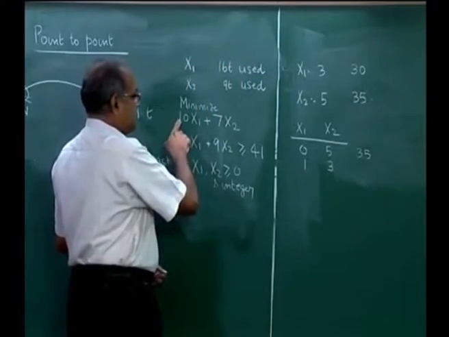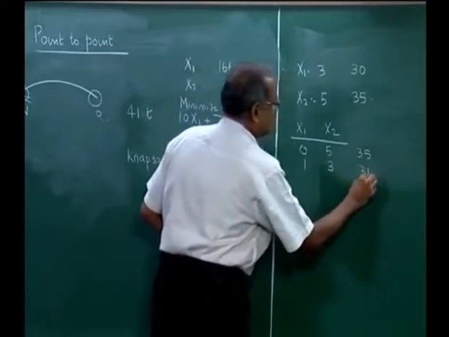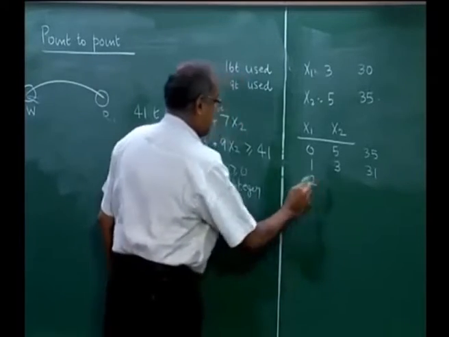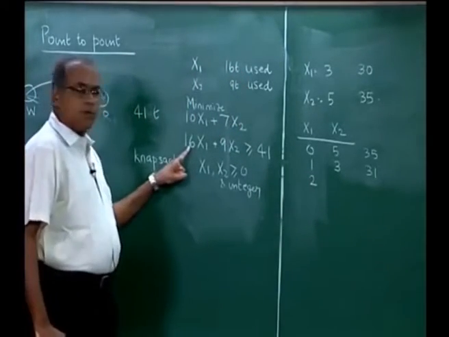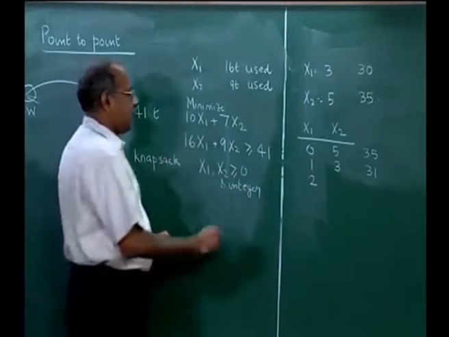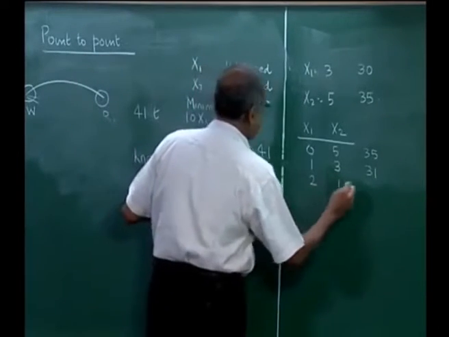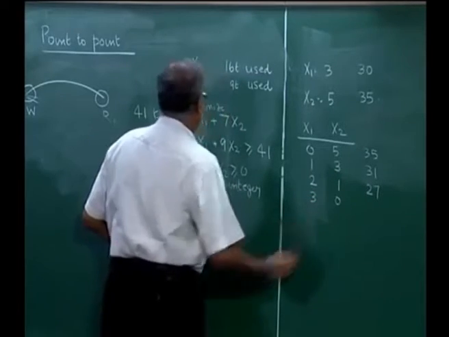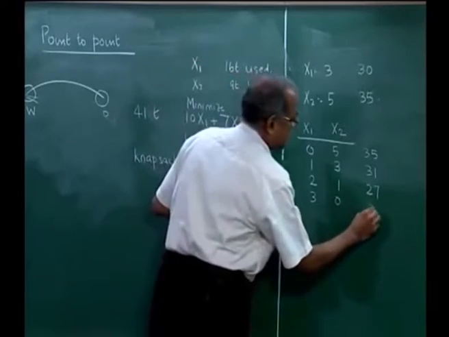So, 1 into 10 is 10 plus 21 is 31. If I have 2 of this, so I have 32 out of this, I require only 9. So, 2 comma 1, I will have 27, and 3 comma 0, I will have 30.